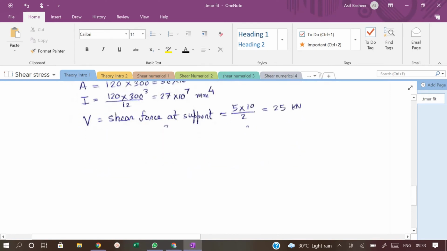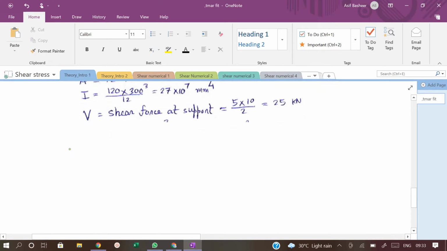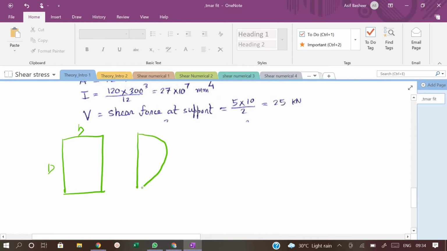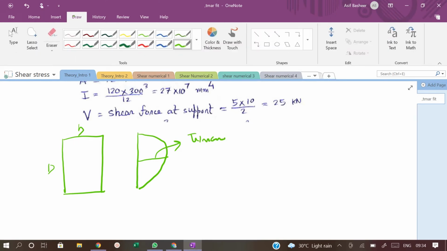So in the general case I have my beam like this, that is B, this is D. You have the shear stress variation in this way. That is, you will get this is your tau v max. For easiness we will assume this is your tau average.